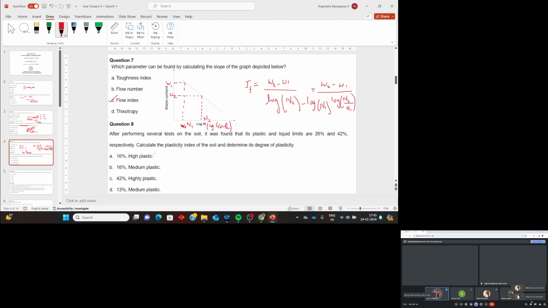After performing several tests on a soil sample, it was found that the plastic and liquid limits are 26% and 42% respectively. Calculate the plasticity index of the soil and determine its degree of plasticity.